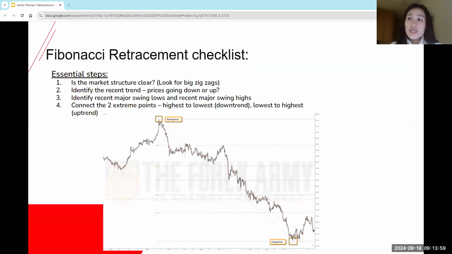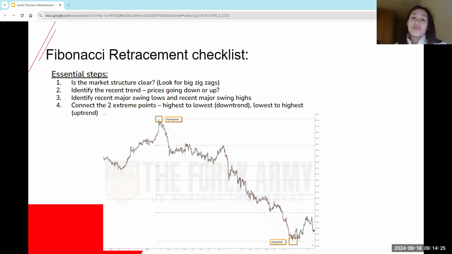Here's a really simple checklist to follow when you're first starting out with Fibonacci retracements, and some things that you might want to look out for. Firstly, is the market structure clear? We want to look out for big zigzags, and we'll show you some examples in the coming slides. Next is to identify the recent trend: is price going up, down, or moving sideways?